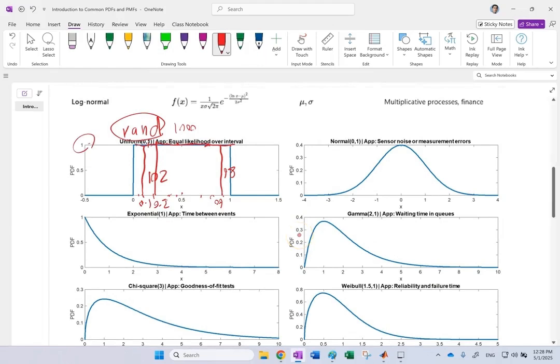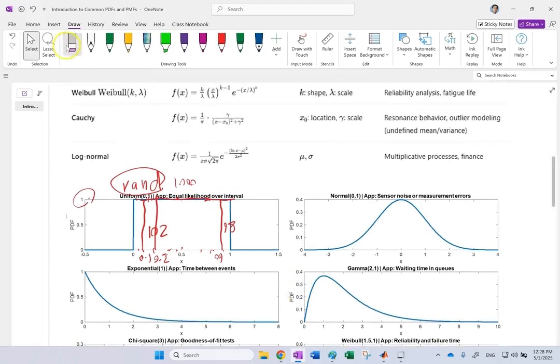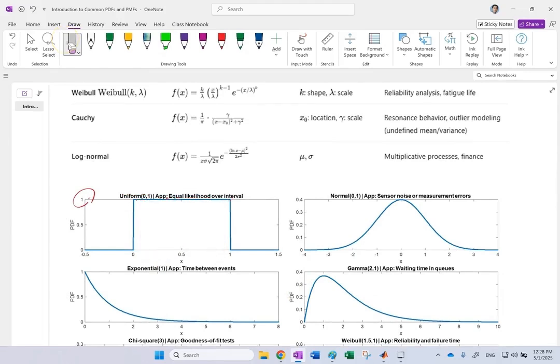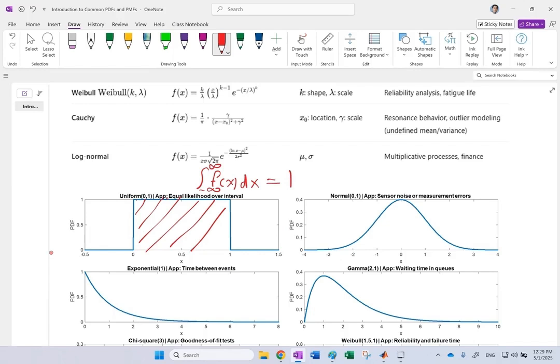Okay? One important thing about any probability distribution function, which I mentioned in one of my previous videos under engineering mathematics when I talked about probabilities, is that the area under a PDF, where it goes from negative infinity to positive infinity, should be equal to 1. So the integral of any probability distribution function over the entire possible range should be equal to 1.